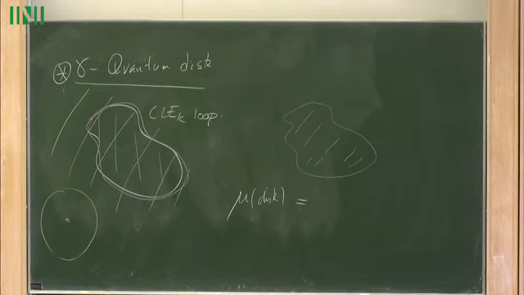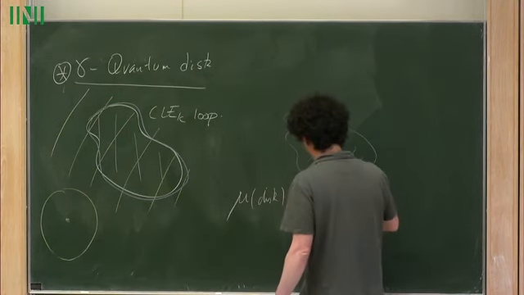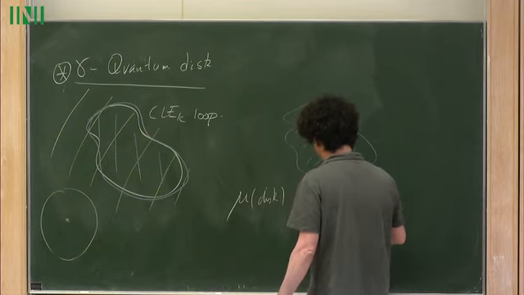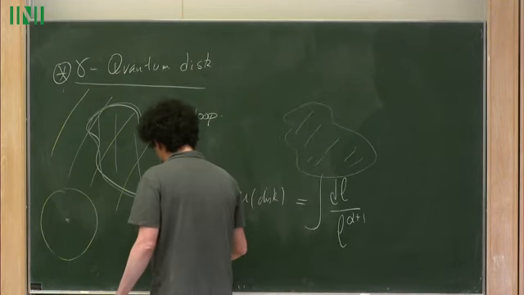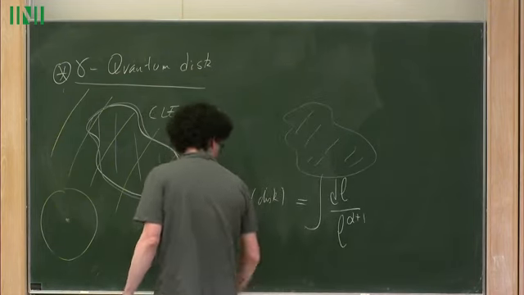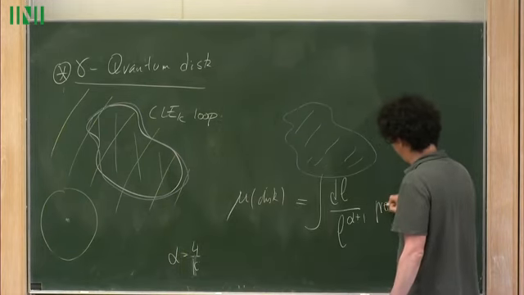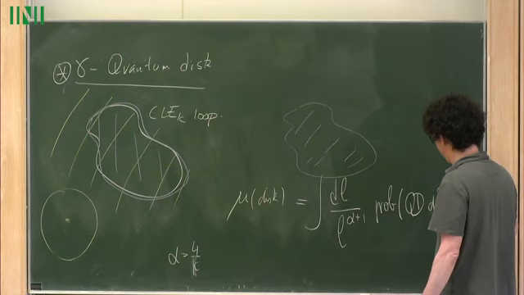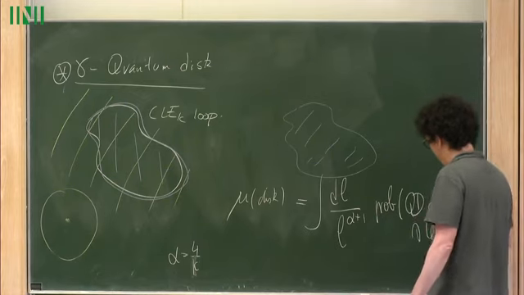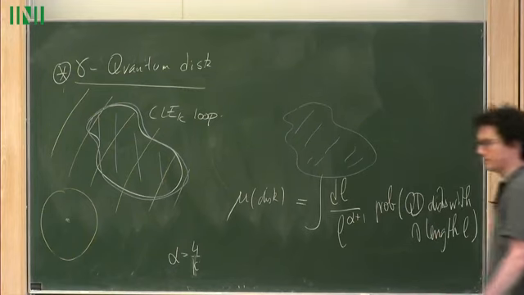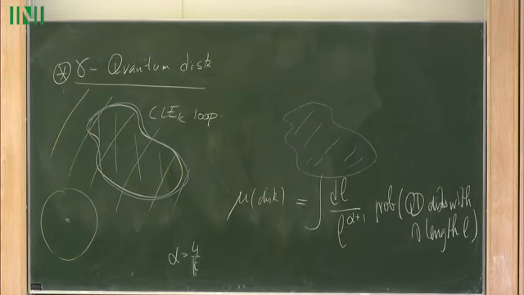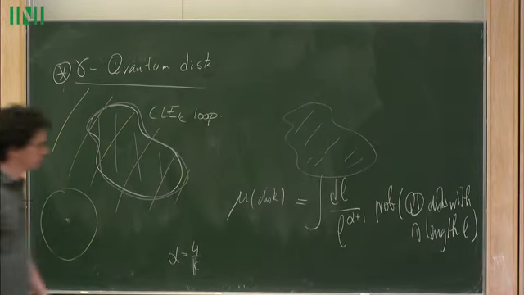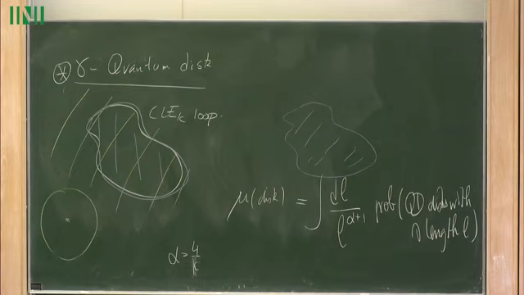As it turns out, there's one magic scaling factor: you integrate the boundary length dL over L to the alpha plus 1, where alpha is 4 over kappa, times the probability on quantum disks with boundary length L. So there's a natural scale invariant choice of boundary length, and you'll see why this is the natural way to proceed.